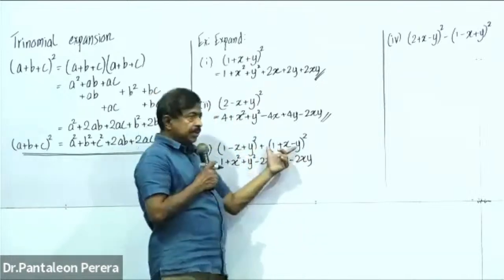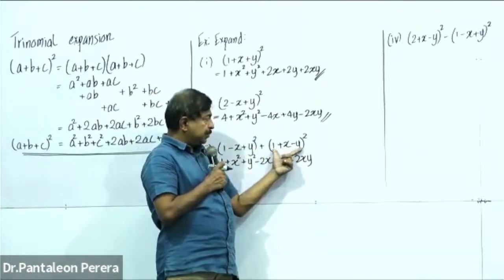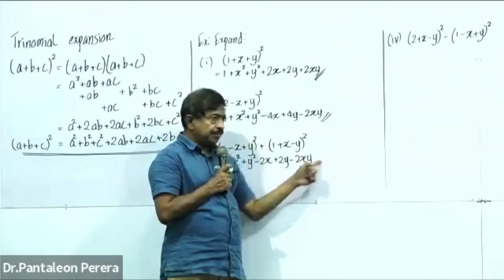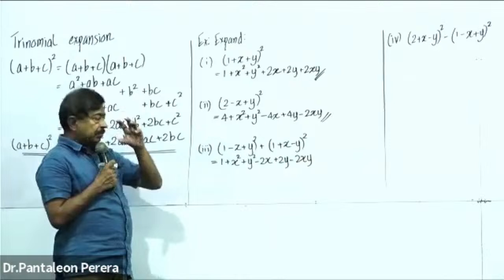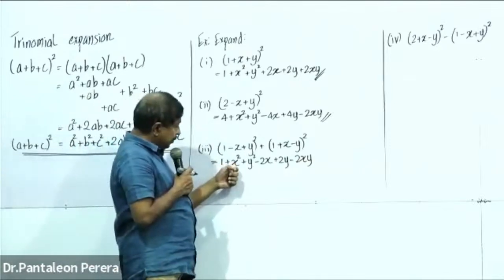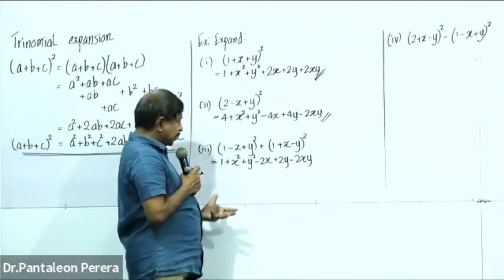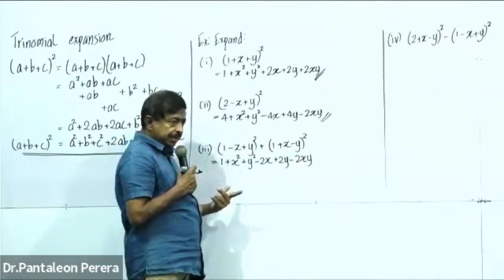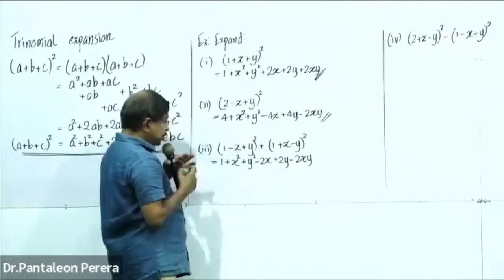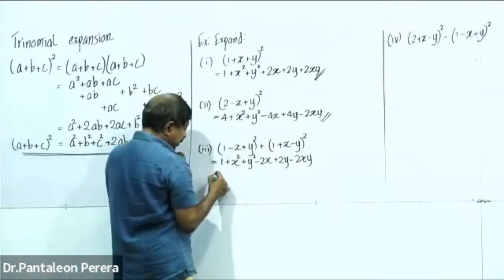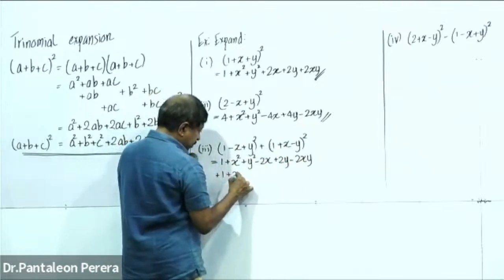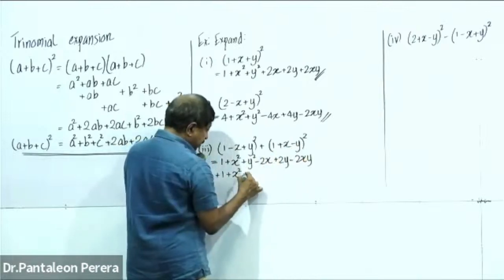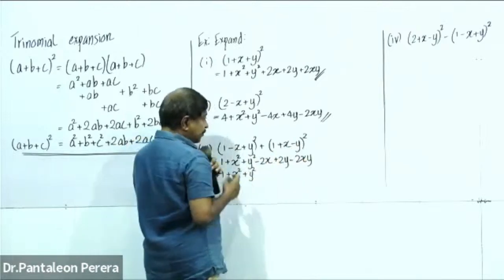Now we have to expand this. When you expand this, if you write the terms just below them, you can easily gather the similar terms. So I'll write the terms just below them. 1 squared is 1, x squared. Then you square y, y squared.